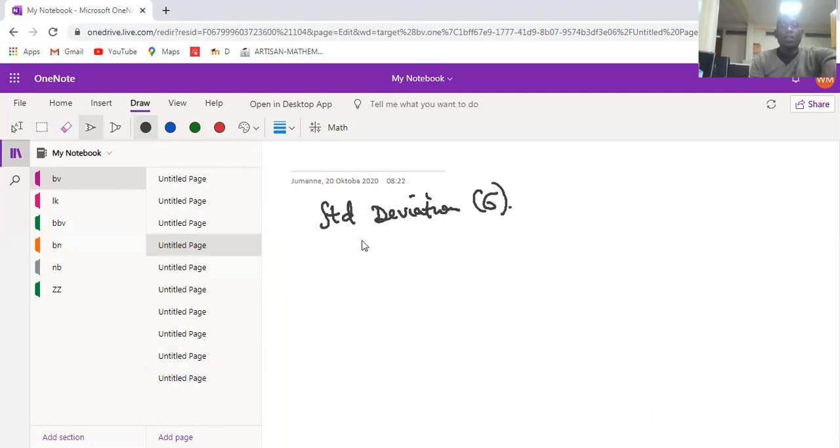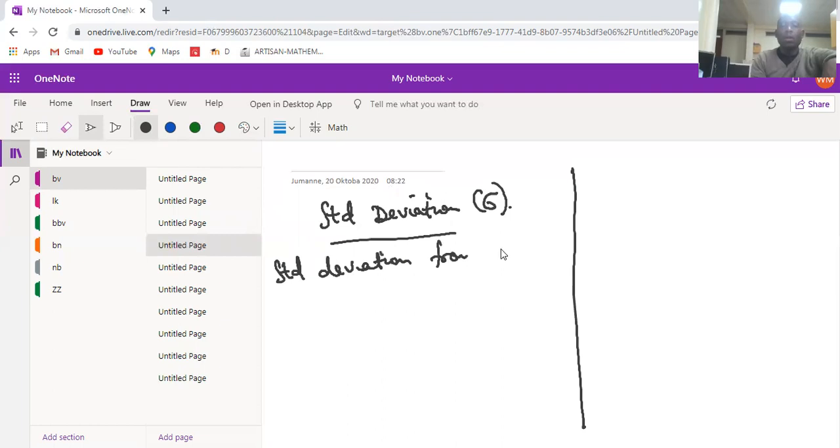Here we are going to look at the standard deviation from ungrouped data. Remember, ungrouped data is figures separated by commas, like maybe 12, 13, 9, 8, 15.